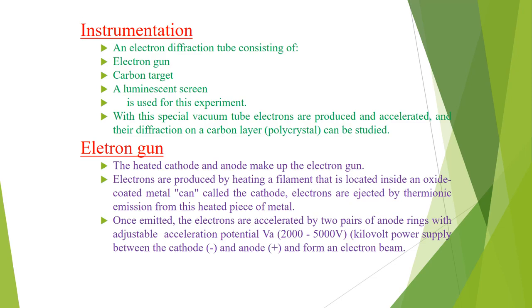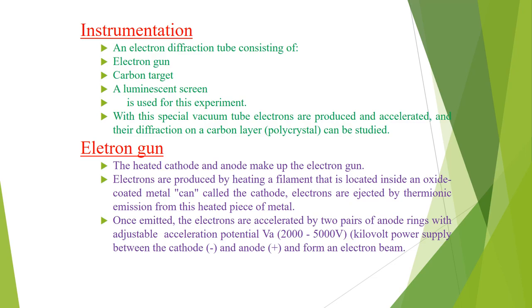These are the basic elements present in the electron diffraction instrument, and it is used for this experiment. With this special vacuum tube, electrons are produced and accelerated, and their diffraction on the carbon layer can be studied. That carbon layer may be a polycrystalline layer.